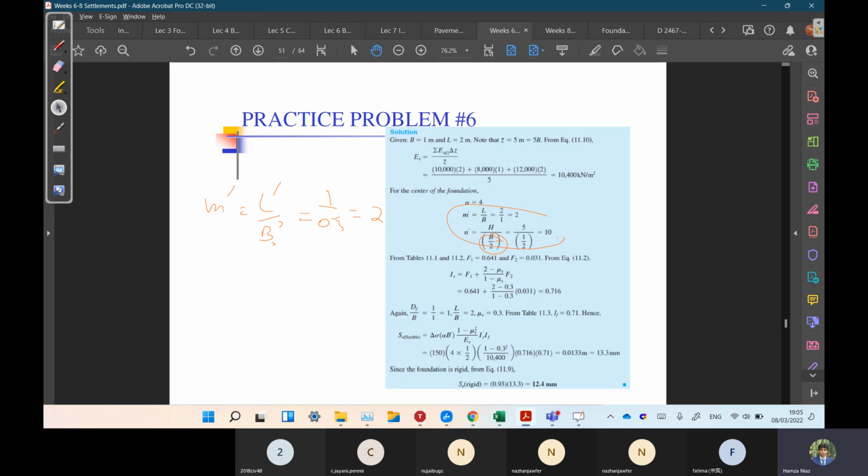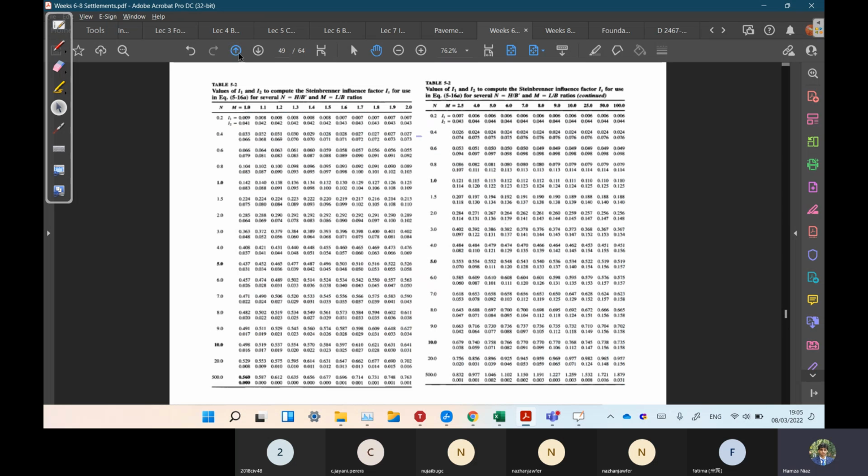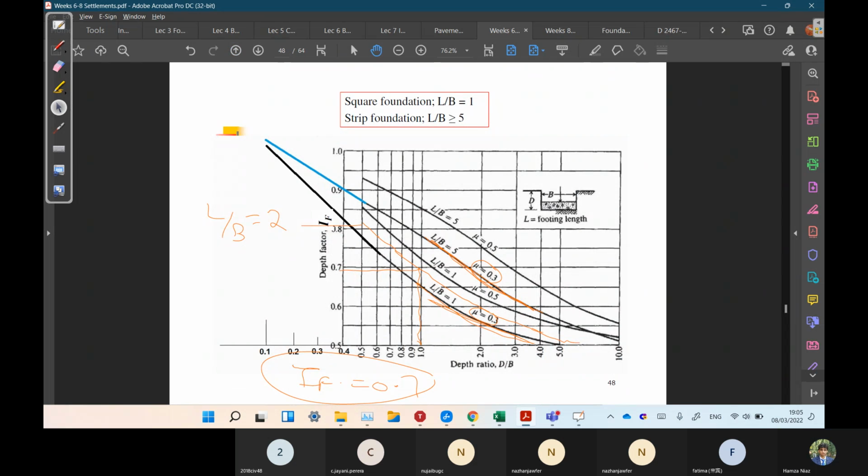And we calculate depth over B. So our depth is 1 over this again. Now our ratio would be again the same, our depth ratio would be 2, because Df is equal to 1 meter and B is equal to 0.5. So our depth to width ratio would be 2.